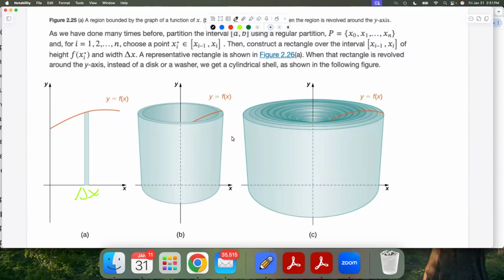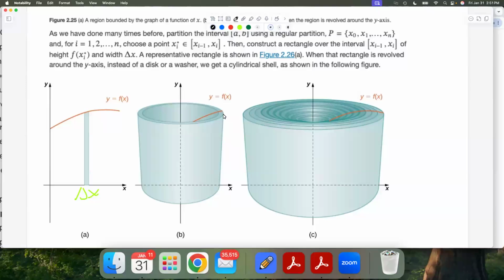This is different from what we did with washers and discs. So imagine we've got a whole bunch of these shells, all like Russian nesting dolls stacked inside of each other.